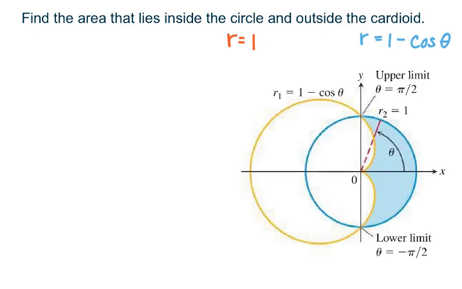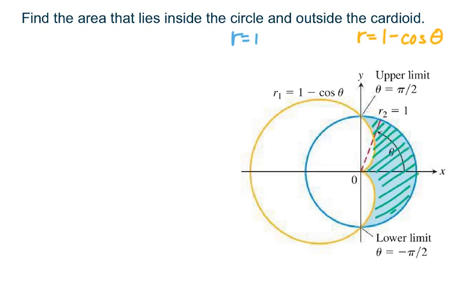So here you see my circle. And I'll use color to coordinate this. My circle is r equals 1, and my cardioid is r equals 1 minus cosine theta. And what we are interested in determining here is the area of this space enclosed by the region.